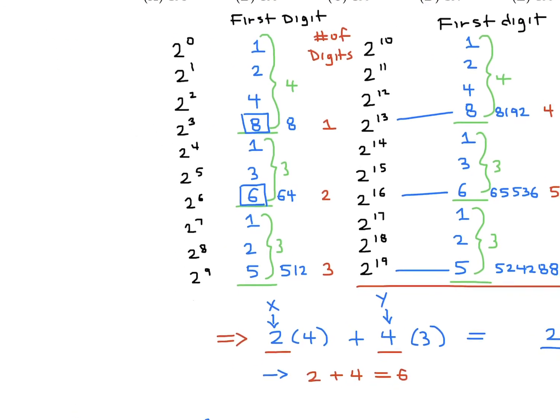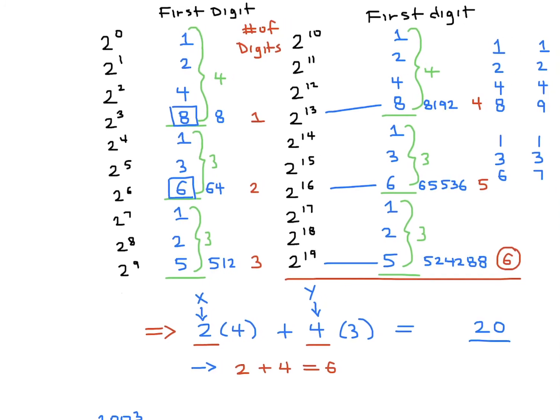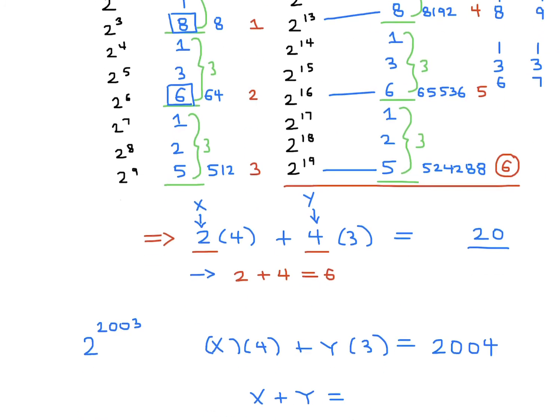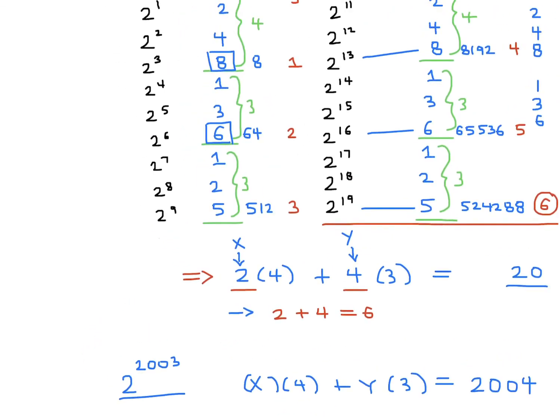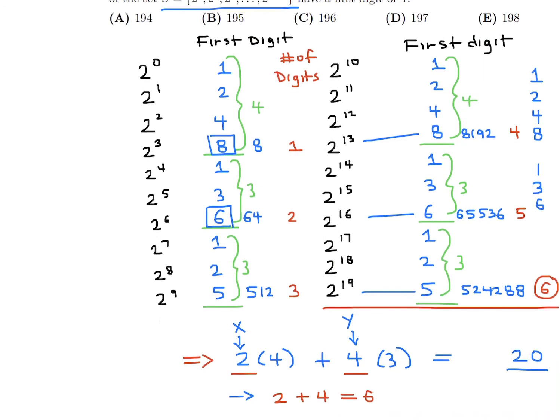Does that help me? I want to know how many digits are in 2 to the power of 2003. Well, how do I work with that? 2 to the power of 2004 is 1 after 2 to the power of 2003.